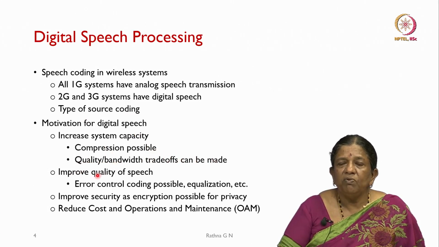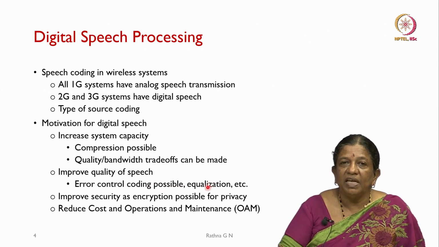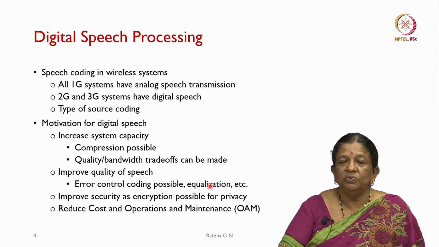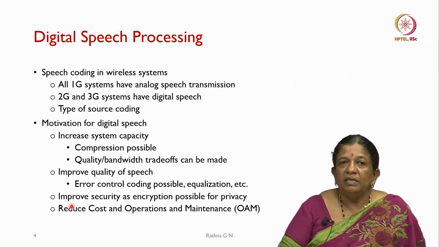How to improve the quality of speech: usually we have error control coding, that is ECC, and as we discussed in the last class, even equalization using different techniques, and many more, can be used to improve the quality of speech. And then how to improve security, whether encryption is possible for privacy.